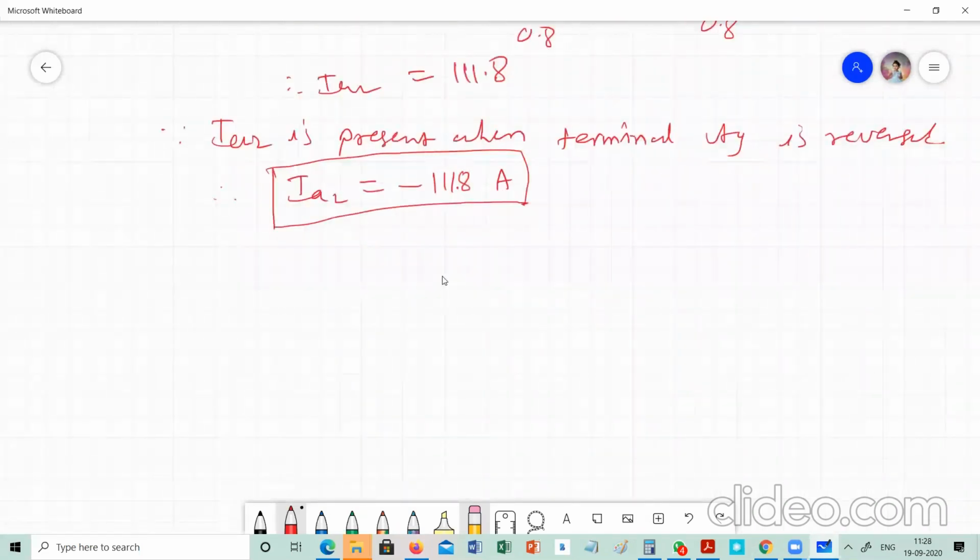ओके, नाउ वी विल कॅल्क्युलेट RF. RF2 obviously equal to 0.8 into RF1. I will write that equation first.